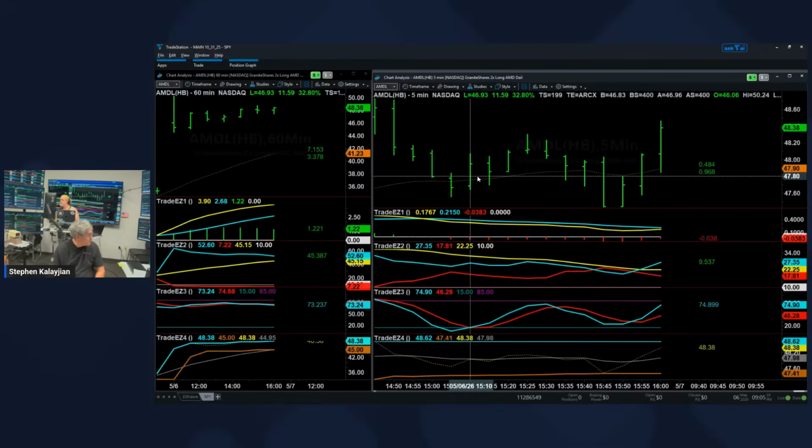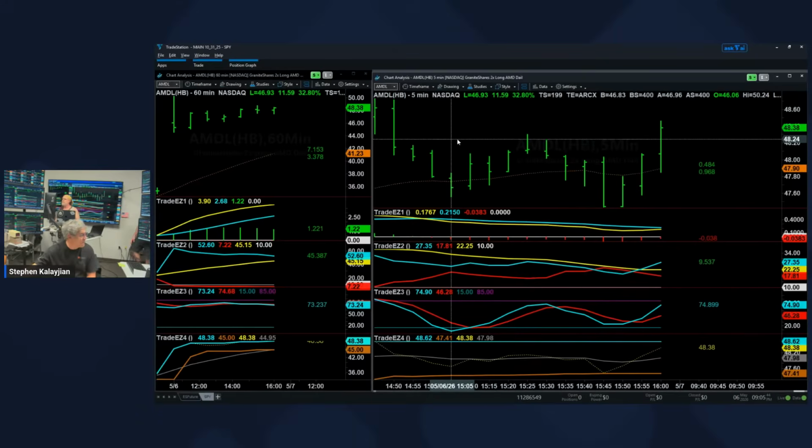All right. See if we get one more push down. These 60s, the 60-minute time frame, what a bull flag on the NASDAQ on the 60s. Look at a bull flag on the NASDAQ on the 60s here.